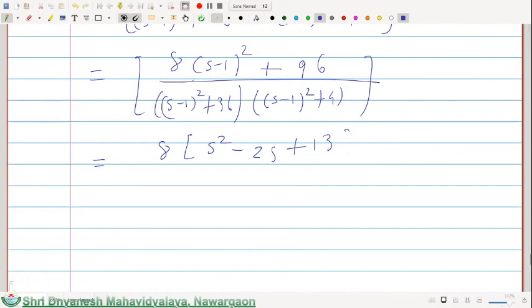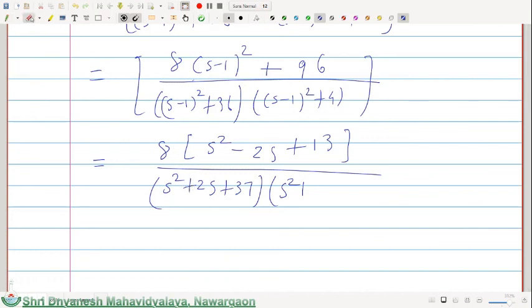Okay, and in the denominator also, s minus 1 whole square will also be expanded, so this will be s square minus 2s plus 1 plus 36 will be 37, and here also s square minus 2s plus 1 plus 4, 5.